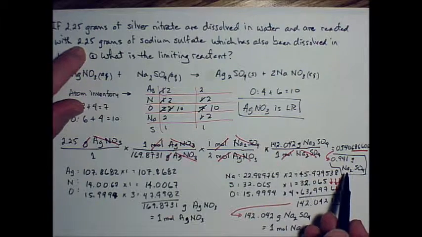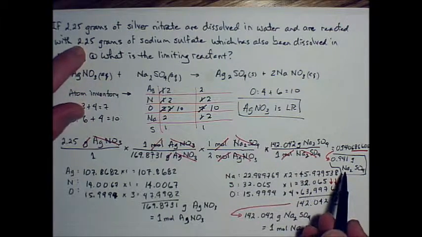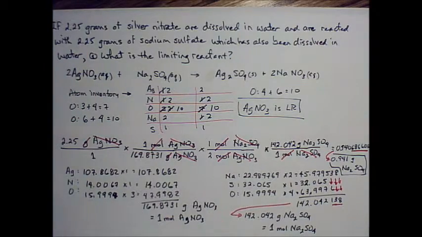Okay? What that means is both of them are the limiting reactant. You can use either one of them in the same way. They're both going to run out at the same time, so saying you have a limiting reactant doesn't really matter.